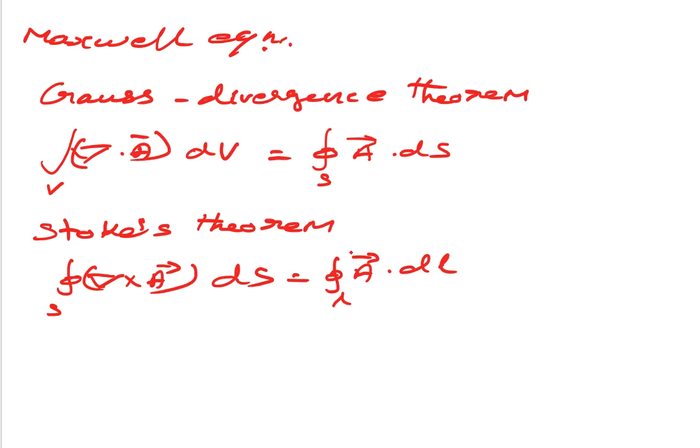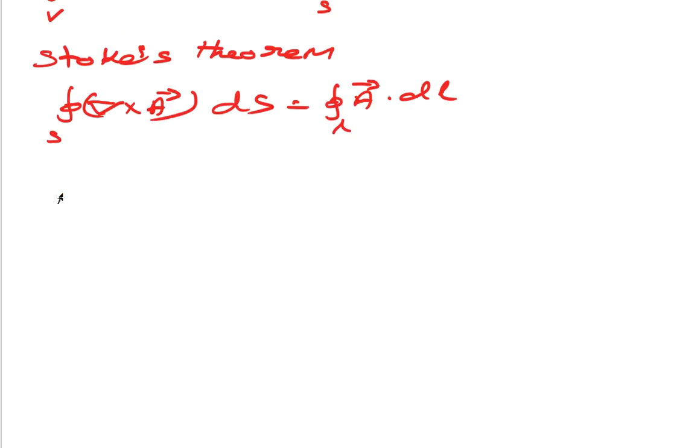These two theorems convert one to the other. Gauss divergence theorem converts a volume integral to a surface integral, and Stokes theorem converts a surface integral to a line integral, and vice versa.